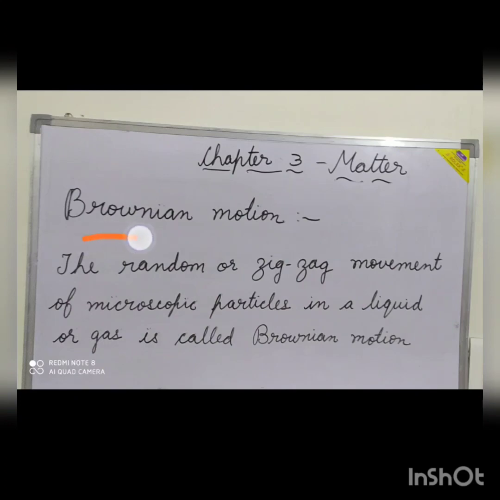What is Brownian motion? The random or zigzag movement of the microscopic particles in a liquid or gas is called Brownian motion. A very easy example to demonstrate this: you must have seen in a dark room, when a beam of light enters from any part of a window or a door, very light particles moving here and there.